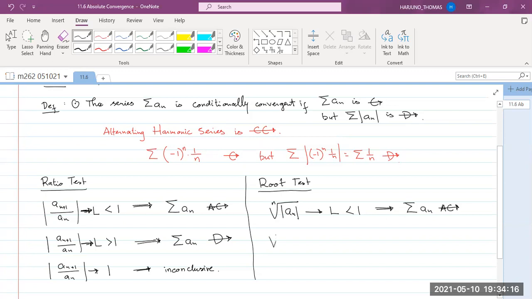You see that the rule is actually the same as the ratio test. If the limit is greater than 1, then the series is divergent. If the limit is equal to 1, then it is inconclusive.